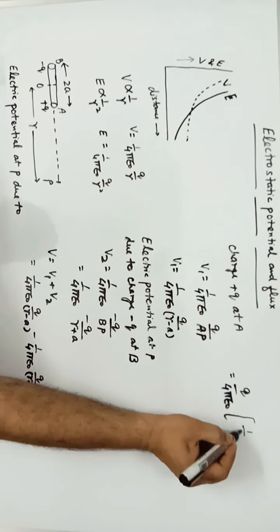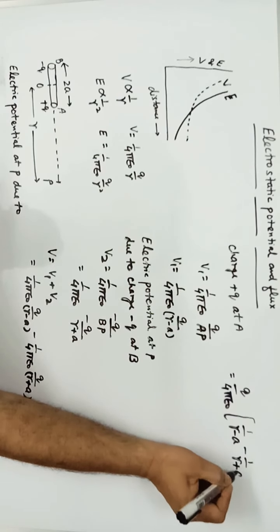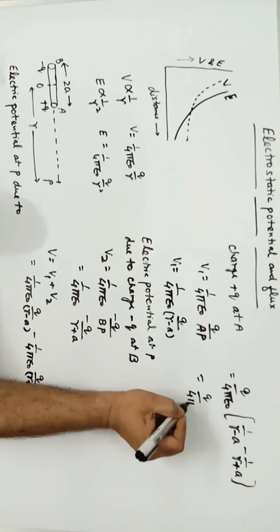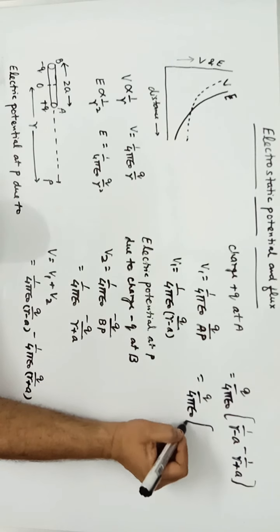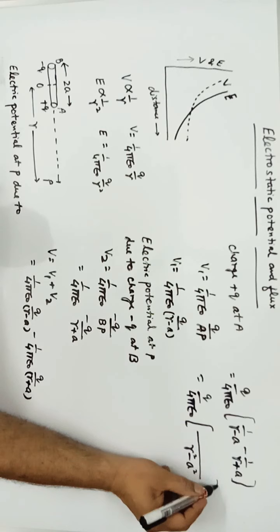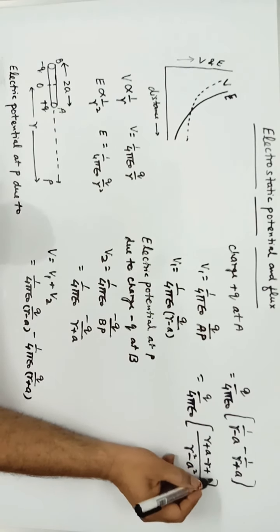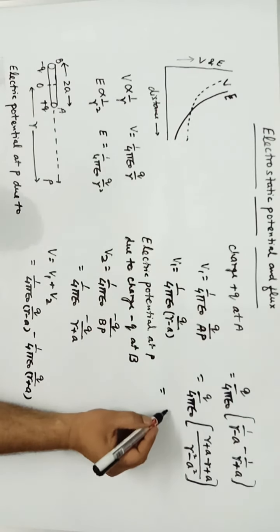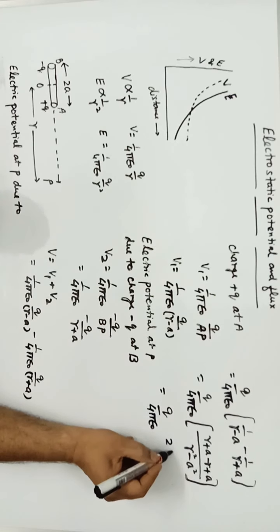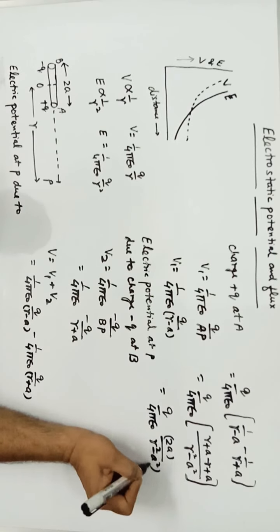Remainder is 1 upon r minus a minus 1 upon r plus a. That is q upon 4 pi epsilon naught, r plus a minus r plus a upon r square minus a square. The r will cancel out, giving q upon 4 pi epsilon naught 2a upon r square minus a square.